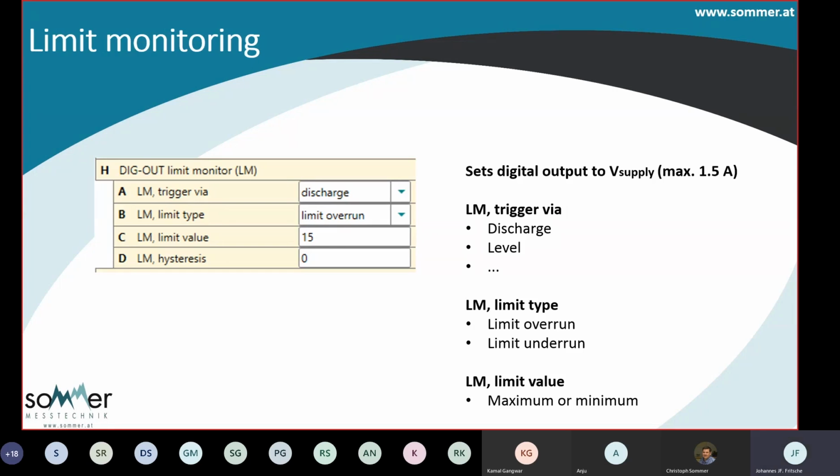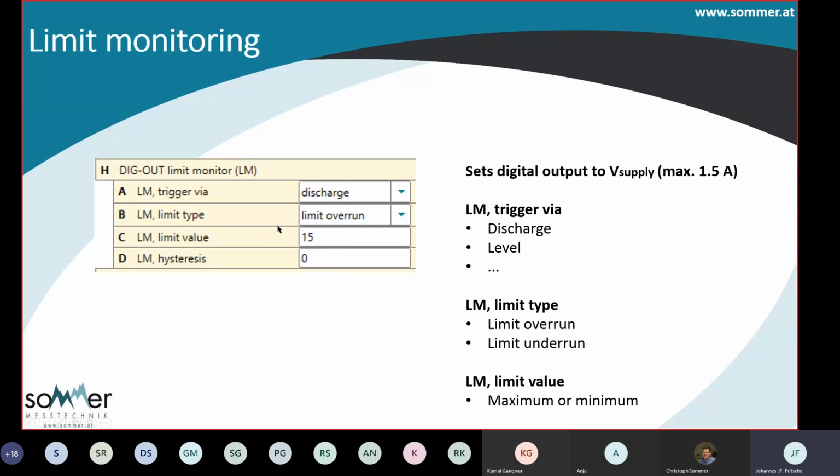The RQ system offers a limit monitoring. Here we can see the section in the setup, the digital output limit monitor. And with these settings here, you can specify a trigger when a certain measurement is reached. For example, if the discharge of a river reaches a certain number, in this case, the discharge is 15 cubic meters per second.